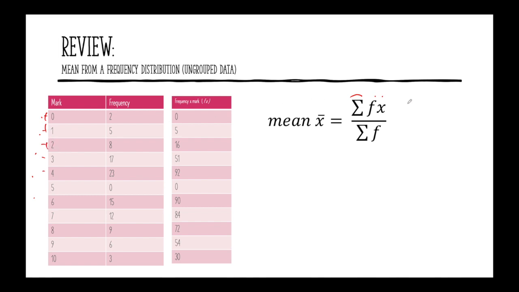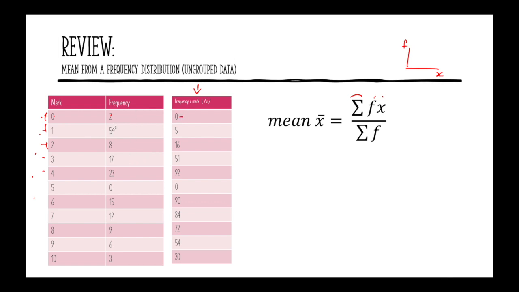So these are the two things on the frequency distribution. You have the frequency here, and you have whatever, in this case, is marks out of 10. So we're taking each one of the frequencies and multiplying it. What I have here in this third table is the frequency multiplied by the mark, f times x. So this is frequency 2 times the mark 0, and that gives me 0.